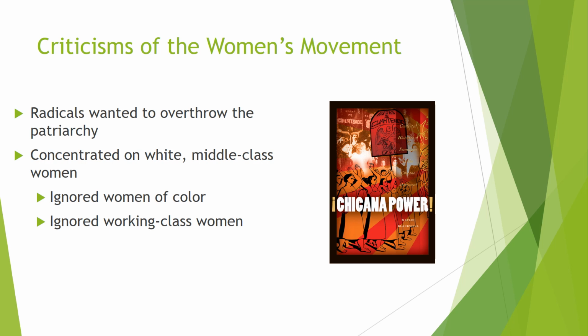So the things that the suburban housewife was wanting was not necessarily the same as those of minority women or working class women. Within the journals, we'll take a look at the idea of a revolution within a revolution, and that connects with this moment in the women's movement.